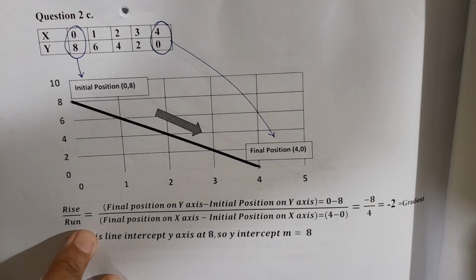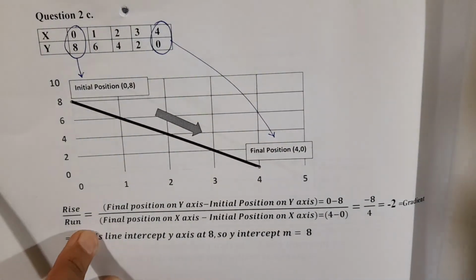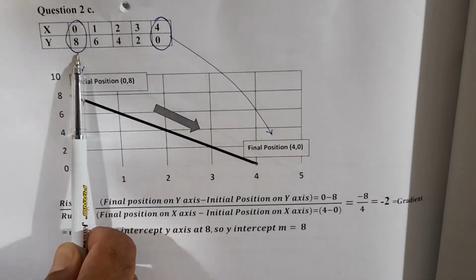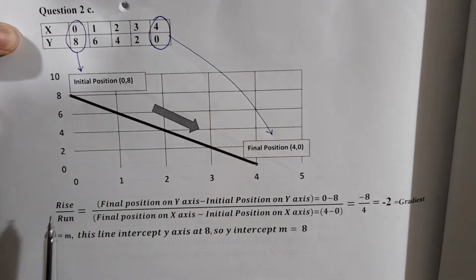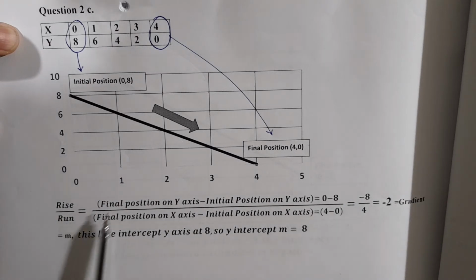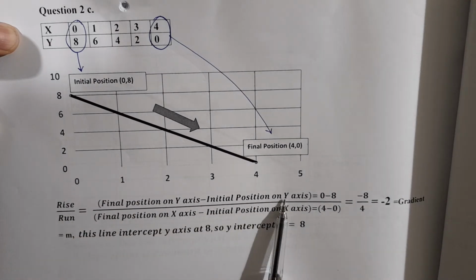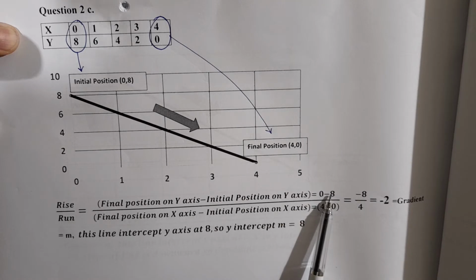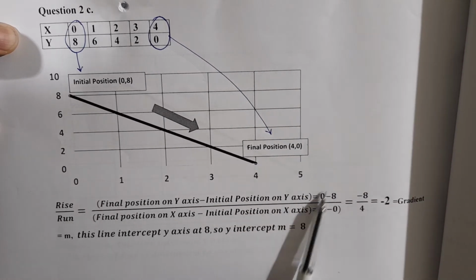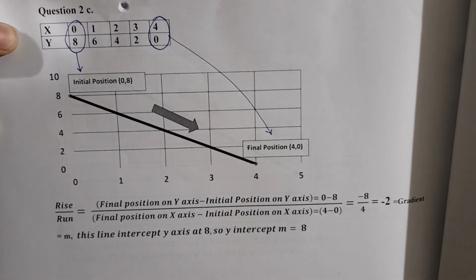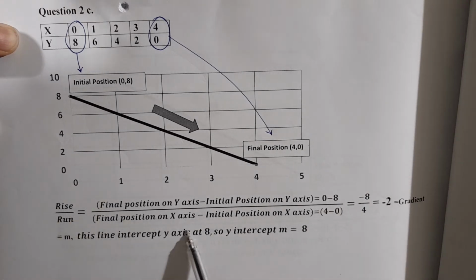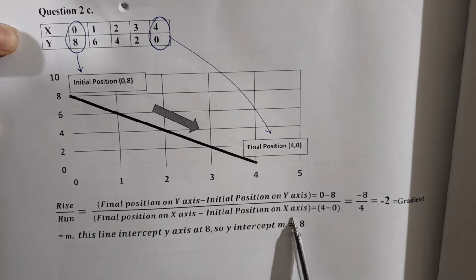Now moving on to question number 2c. Initial position 0 and 8 and final position 4 and 0. So rise divided by run is equal to gradient. Final position on the y-axis minus initial position on the y-axis, and so final position on the x-axis minus initial position on the x-axis.